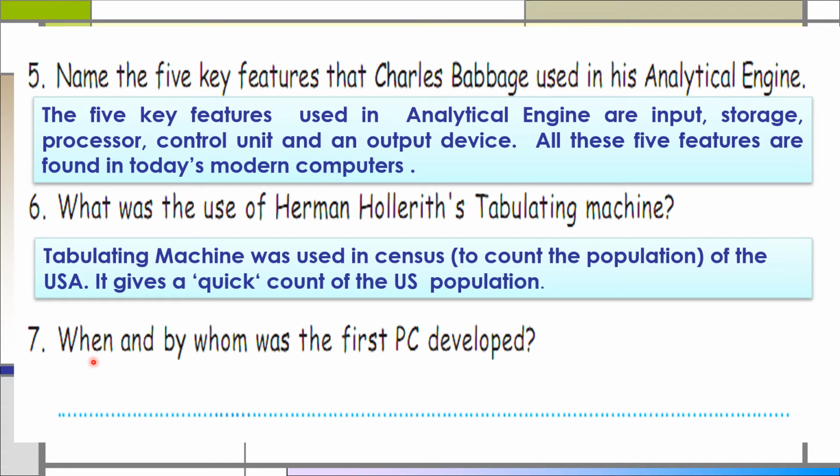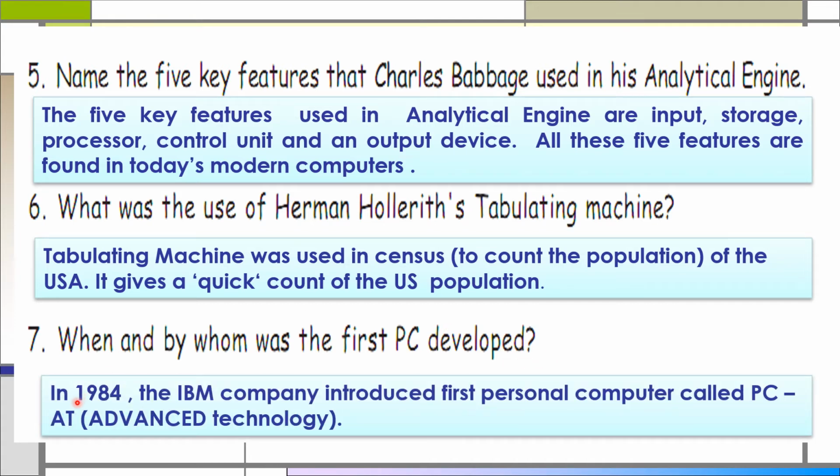Number 7. When and by whom was the first PC developed? In 1984, the IBM company introduced first personal computer called PC-80. 80 stands for Advanced Technology.